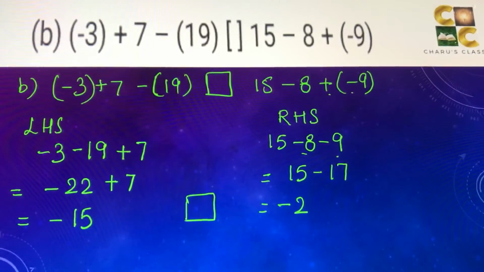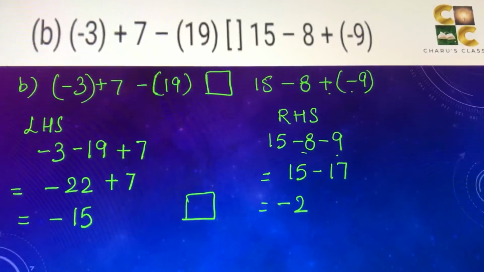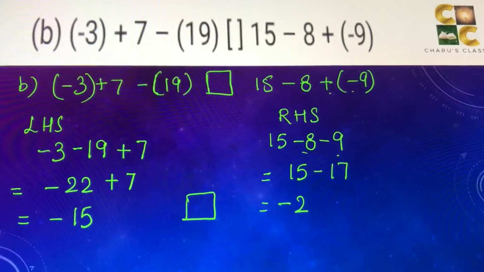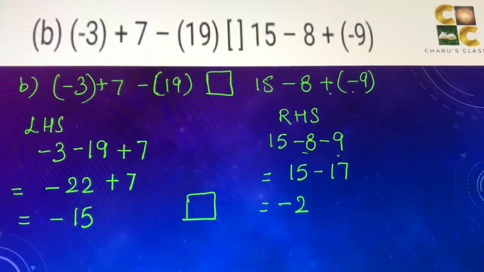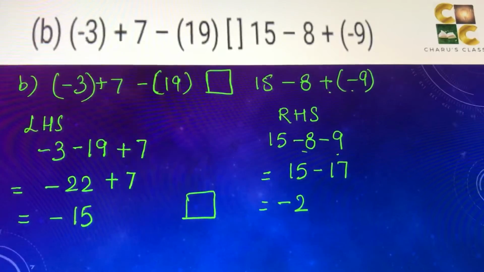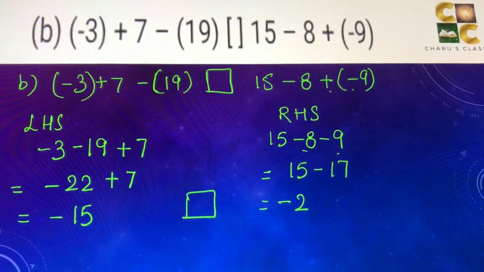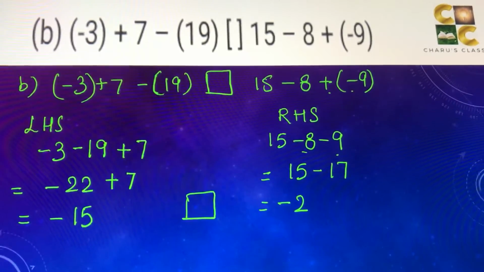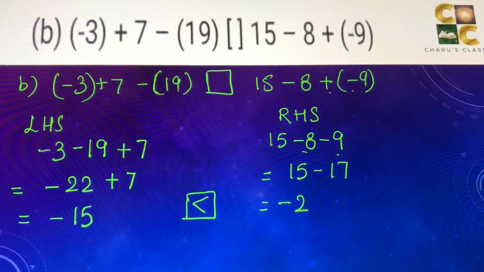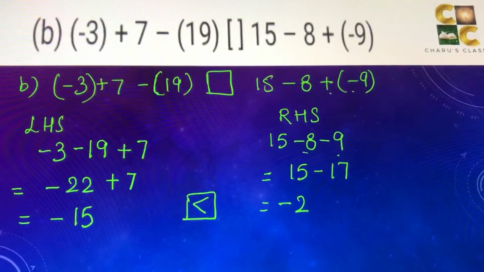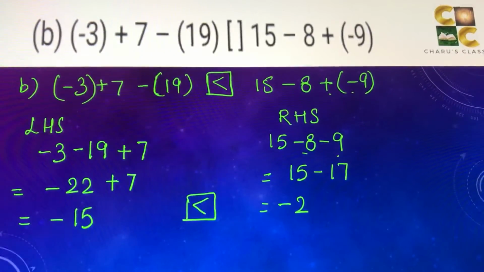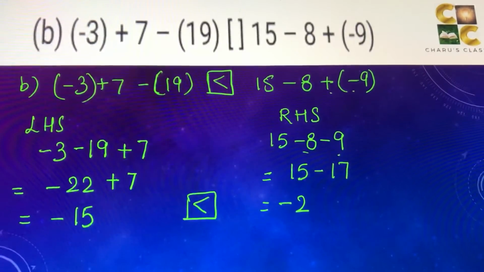Now in -15 and -2, as I have already explained you, नेगेटिव नंबर्स में जो नंबर जितना बड़ा दिखता है एक्चुअली उतना छोटा होता है. So -15 is less than -2, and we can say -3 plus 7 minus 19 is less than 15 minus 8 plus -9.